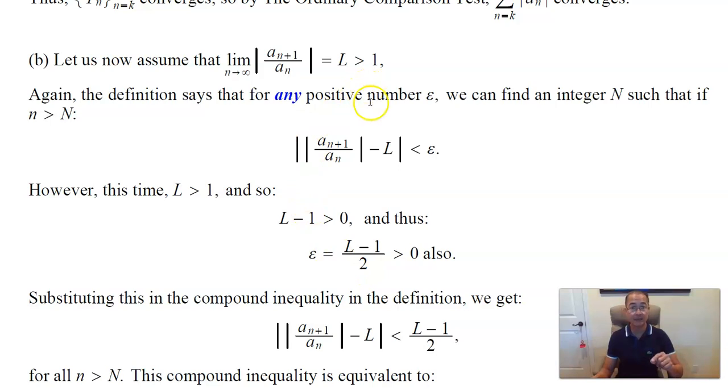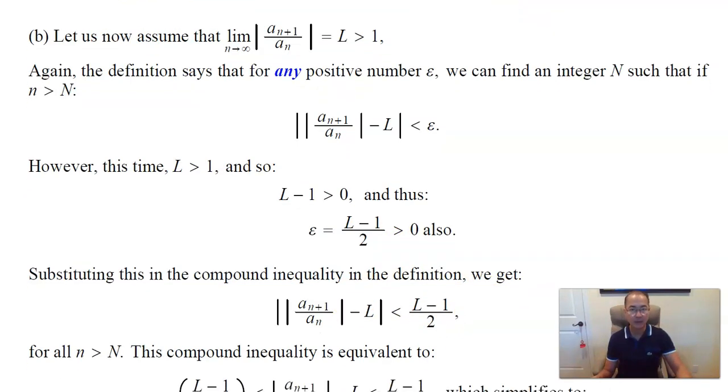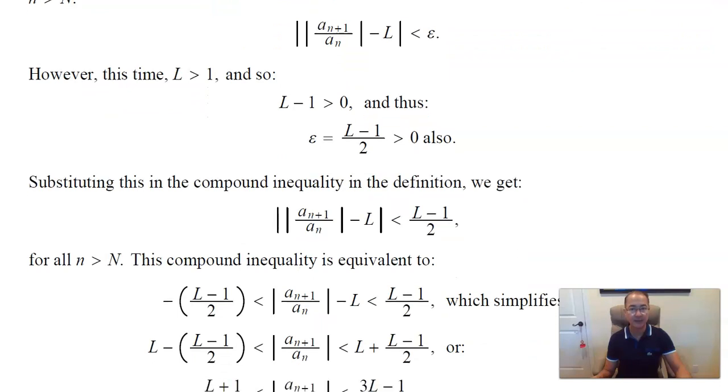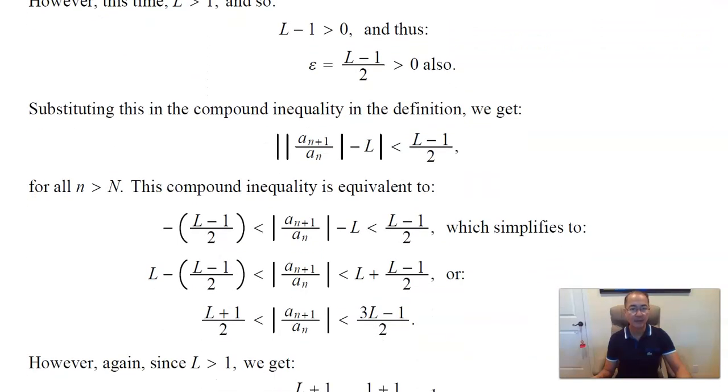But this time L is bigger than 1, so we have to do L minus 1 over 2. Okay, so we have our inequality involving epsilon. And again, we construct the compound inequality, and we get, this time, L plus 1 over 2 smaller than the absolute value of a N plus 1 over a N.